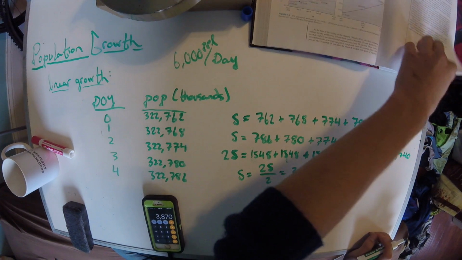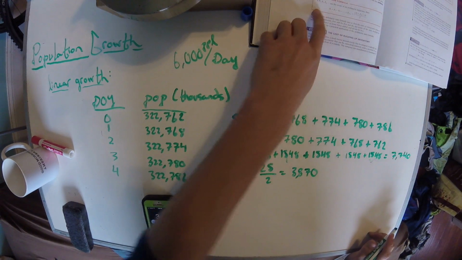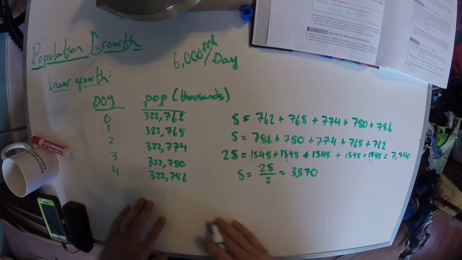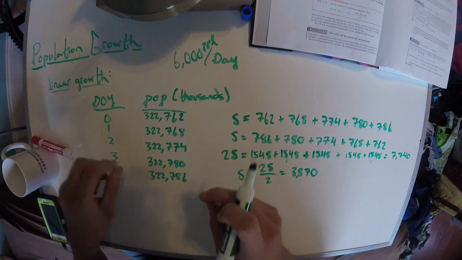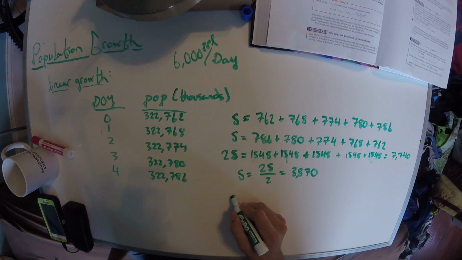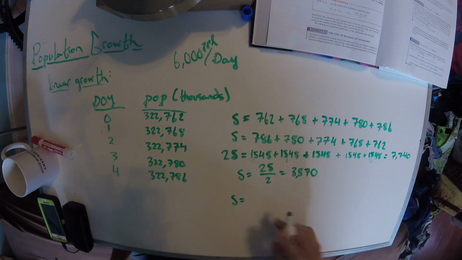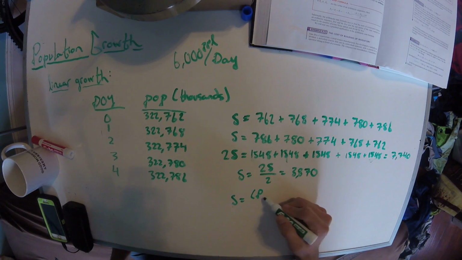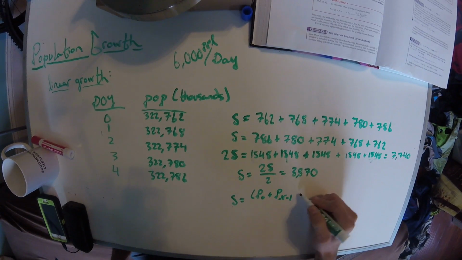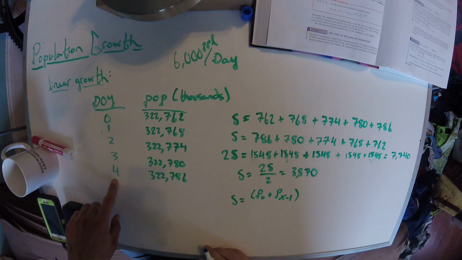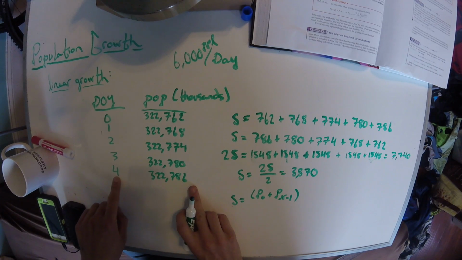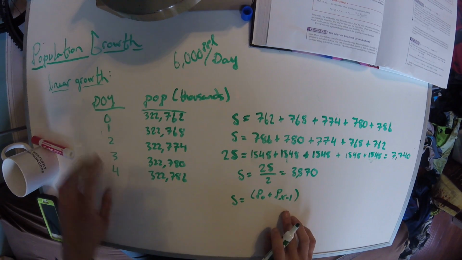And so this actually brings us to the arithmetic sum formula. So this type of sequence is called an arithmetic sequence. You don't have to remember this, but that's what it's called when you're just adding the same amount each time. And the sum is just equal to the first term plus the last term. So remember, the last population was the population of day 4, and there were 5 days total.